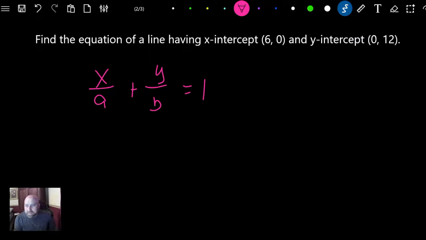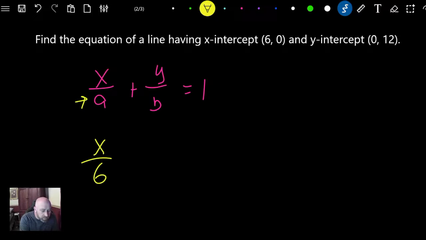What is our x and what is our y? Our x-intercept is 6. So where the a is, we write x over 6, plus y over 12, because the y-intercept was 12, and that equals 1. Ta-da! It's really, really easy.